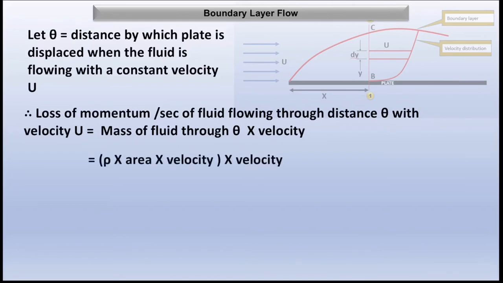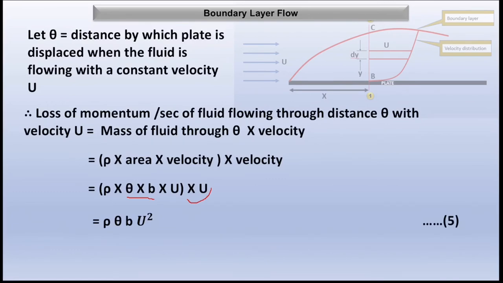The mass of the fluid flowing through theta is density into area into velocity, so this momentum loss is rho into theta into b into U into U. Theta into b is nothing but the area. Upon solving, U multiplies inside and it becomes rho into theta into b into U square, and we consider this equation number 5.